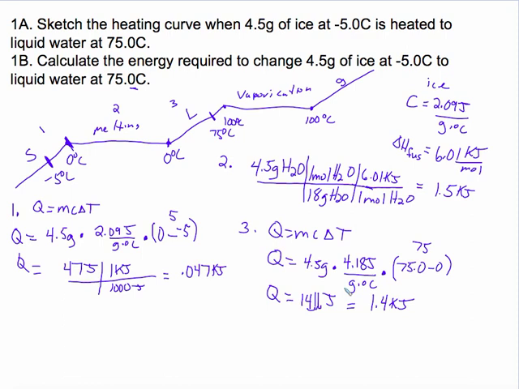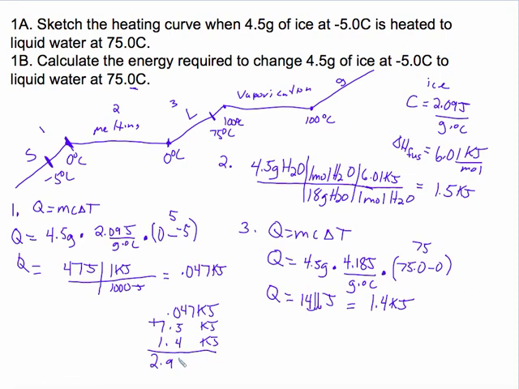Now, when I get it all said and done, I just have to add my answers from 1, 2, and 3 together. So I'm going to take 0.047 kilojoules plus 1.5 kilojoules and 1.4 kilojoules. I'm going to add all those together.